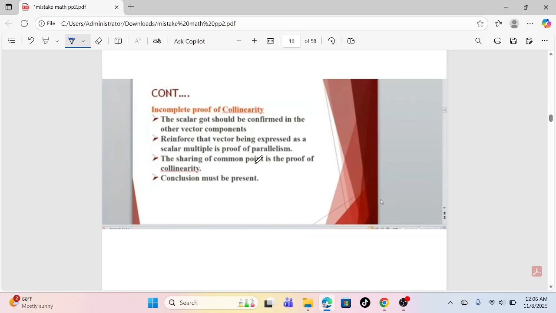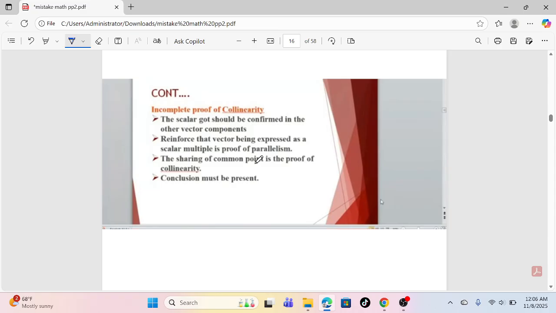Incomplete proof of collinearity. Very common question. You must prove this is collinear, but some students leave the question halfway. The scalar multiple should be confirmed in the other vector component. So both vectors must show that one can be expressed in scalar form.